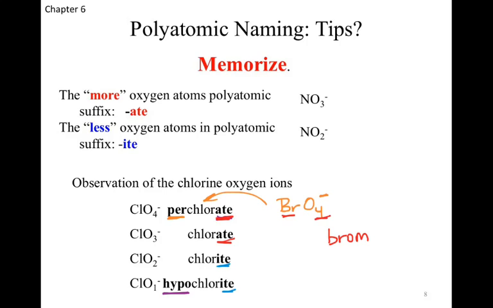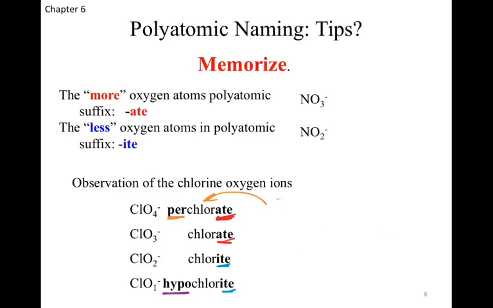We have 4 oxygens, which meant we had our ate ending. And because there's 4 oxygens, we have a whole lot. We would call it perbromate. How do we know bromine would even pick up 4 oxygens? Well, where's bromine on the periodic table? Right underneath chlorine. Same properties. Okay.